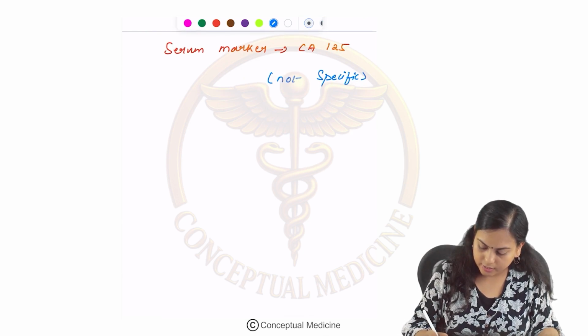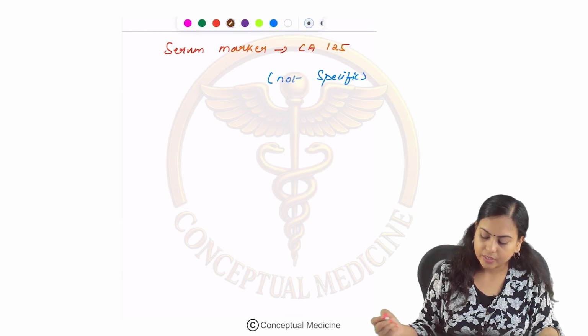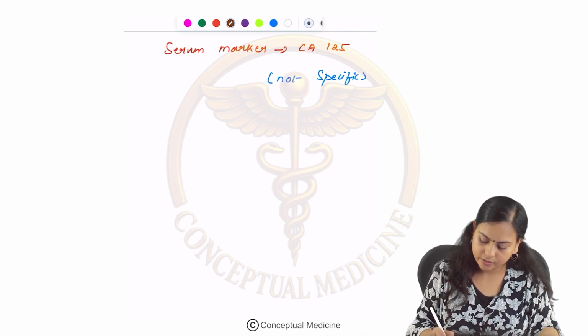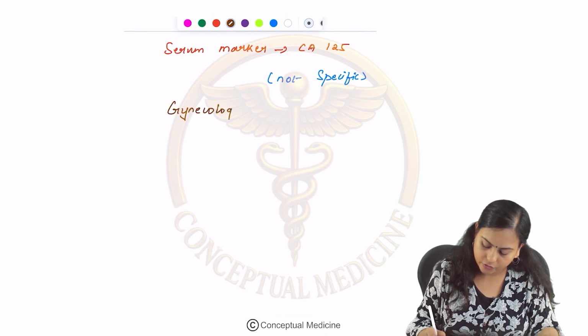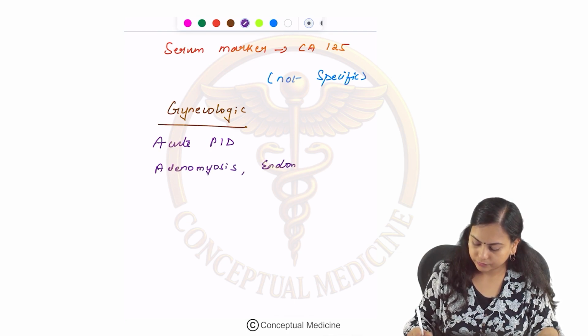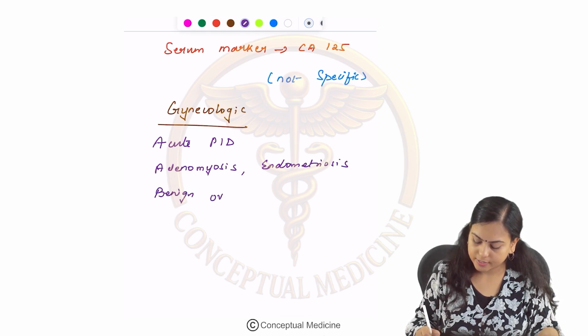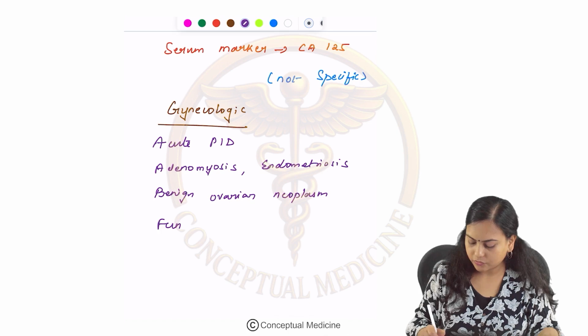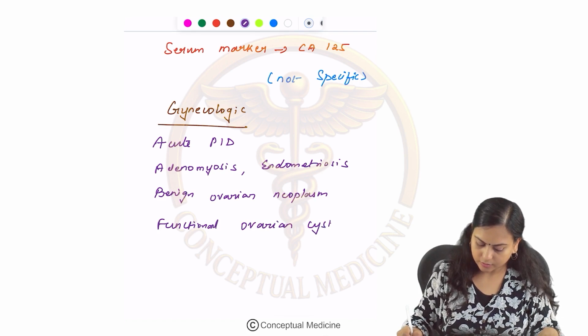Okay, now let us see some conditions where we can have elevations of CA125. So this will include both gynecologic as well as non-gynecological conditions. So gynecological conditions will include acute pelvic inflammatory disease, adenomyosis, endometriosis, benign ovarian neoplasm, or even in case of functional ovarian cyst.